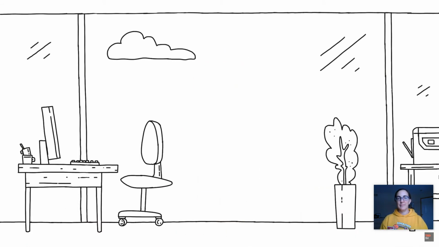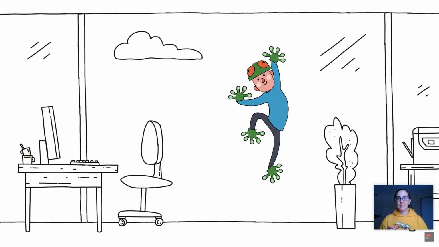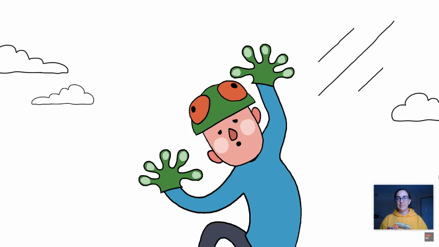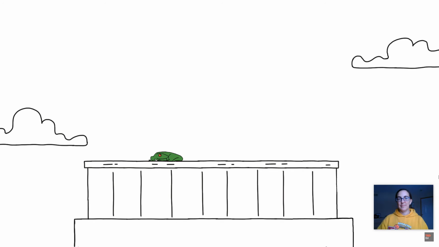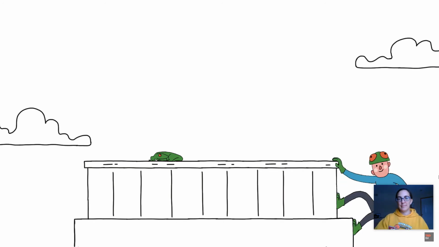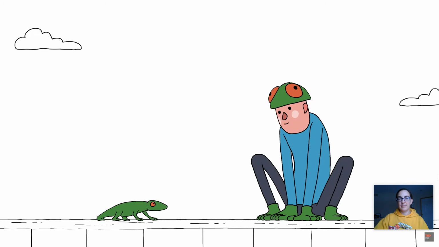Artificial versions aren't as strong as gecko toes quite yet, but they're good enough to allow a full-grown man to climb 25 feet up a glass wall. In fact, our gecko's prey is also using van der Waals forces to stick to the ceiling. So the gecko peels up its toes and the chase is back on.